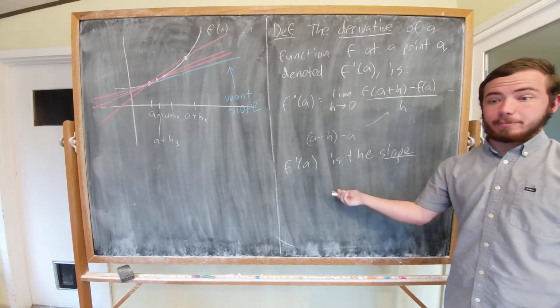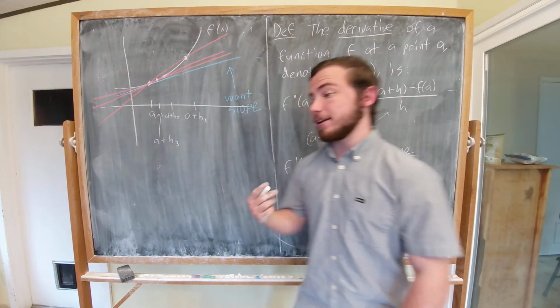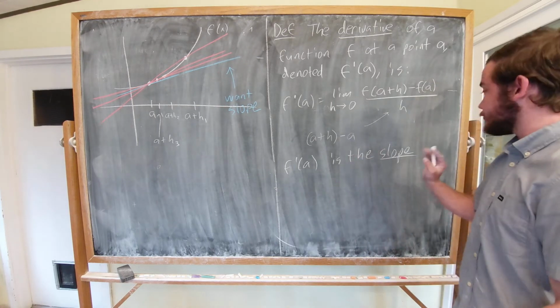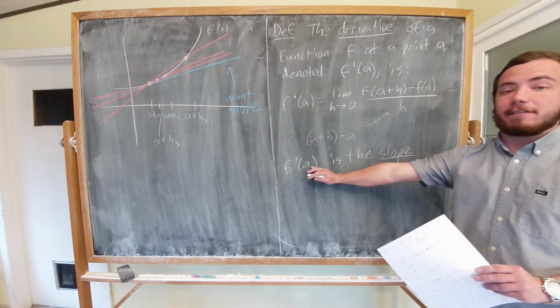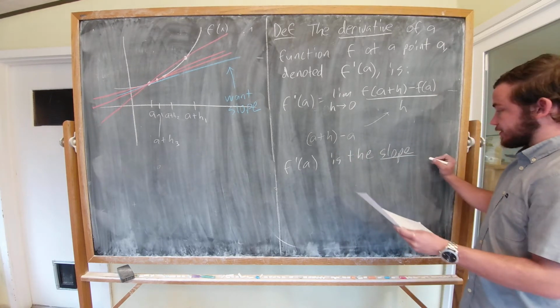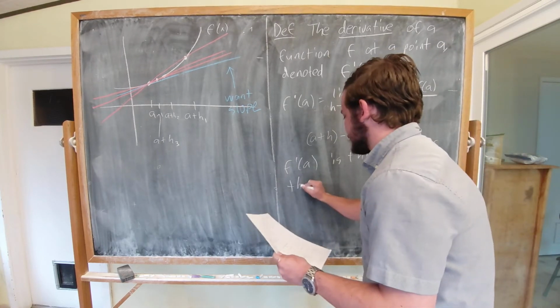You need a slope and a point on the line to get the equation. Thankfully, you have a point on the line, so you can find an equation for the line instantaneously after taking the derivative, but f prime of A does not have that information by itself. It's just the slope. So, f prime is the slope of the tangent line.